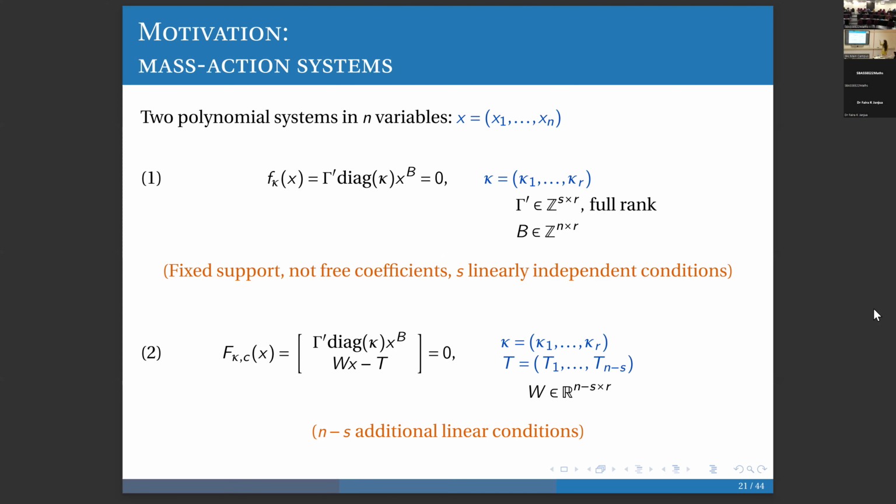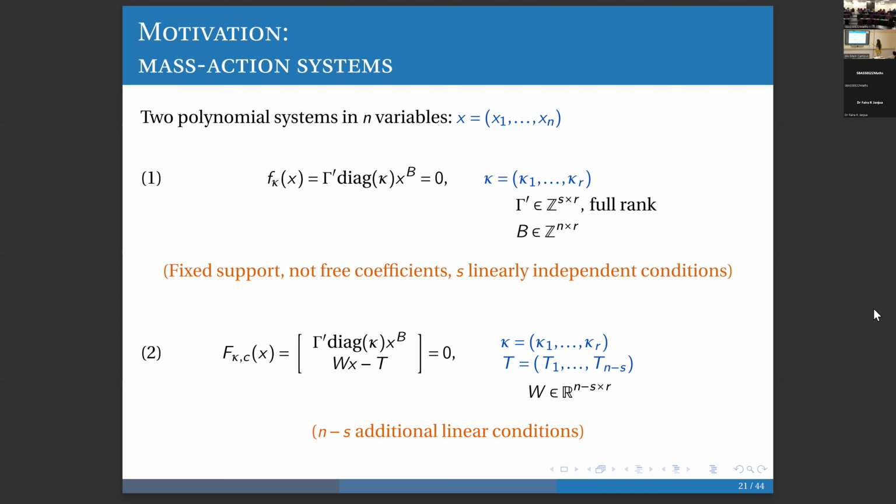And the good thing, or the special thing of my first system, is that it has fixed support with parametric coefficients. It is not really what you would call a sparse system because the parameters are not free.